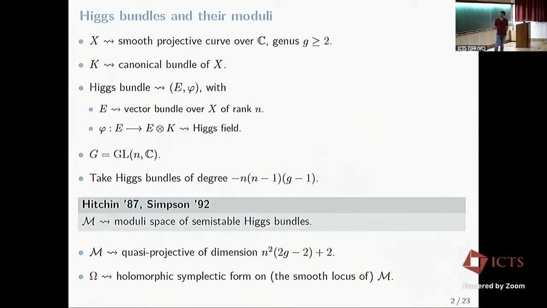And as has already been said various times, it comes with a complex holomorphic symplectic form on the smooth locus of M. For this degree, M is not smooth, but I'm not going to distinguish the notation, so I'll be in the smooth locus basically all the time.